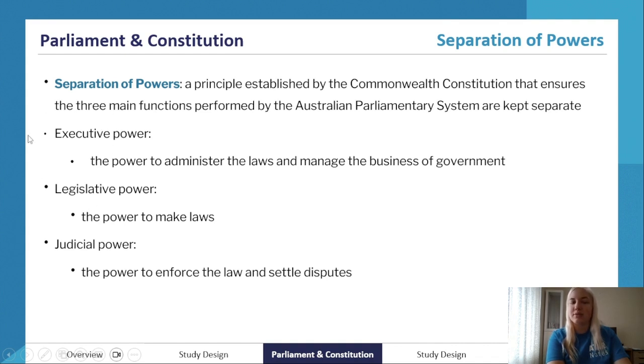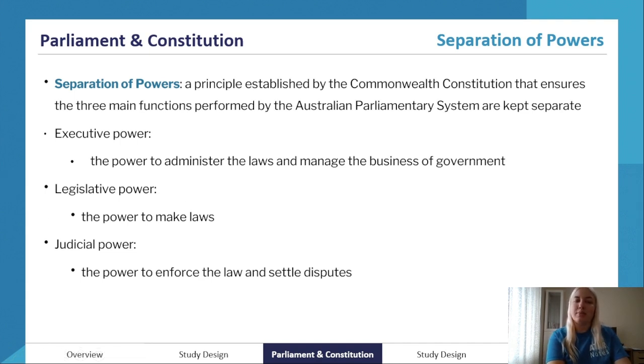All of these ministers, like the treasurer, minister of education, etc., are also members of parliament. In fact, the representative of the government party, or the leaders, such as the prime minister, elects all of the ministers to become executives from members of their party that are in parliament.